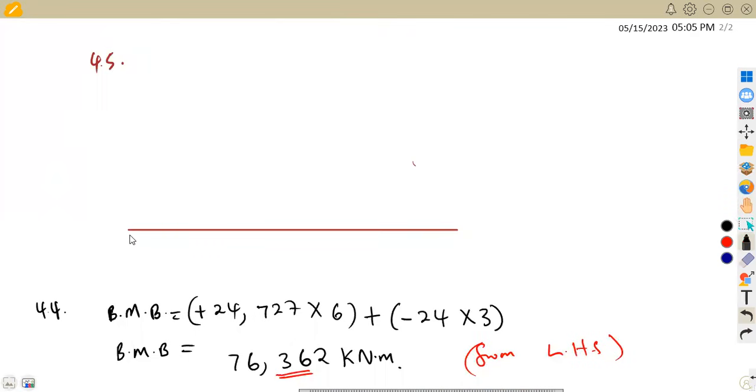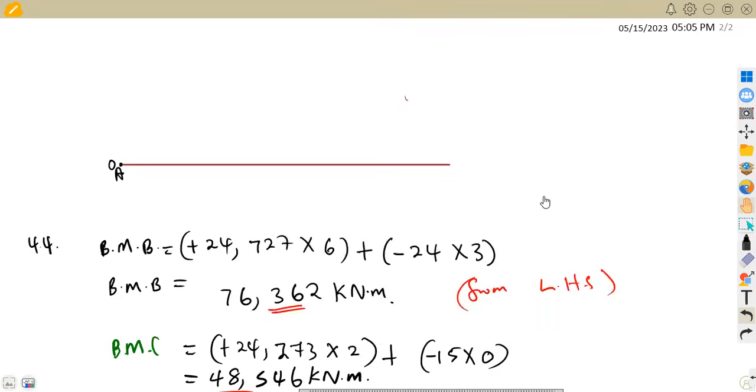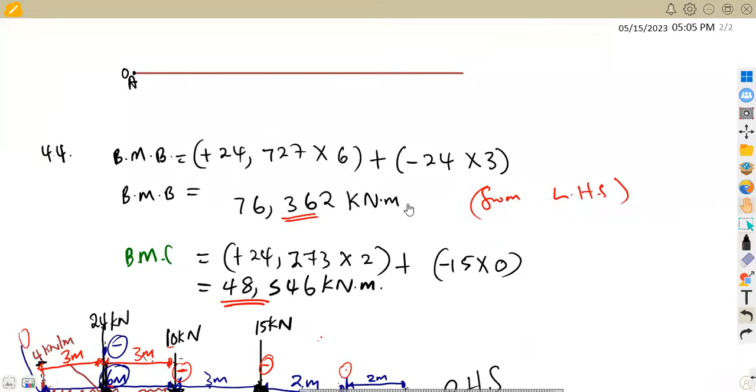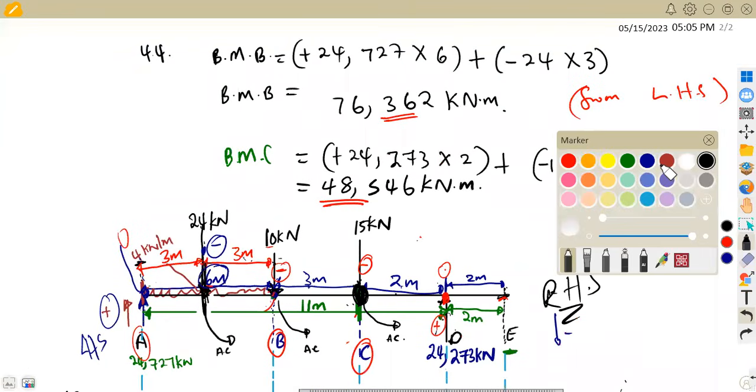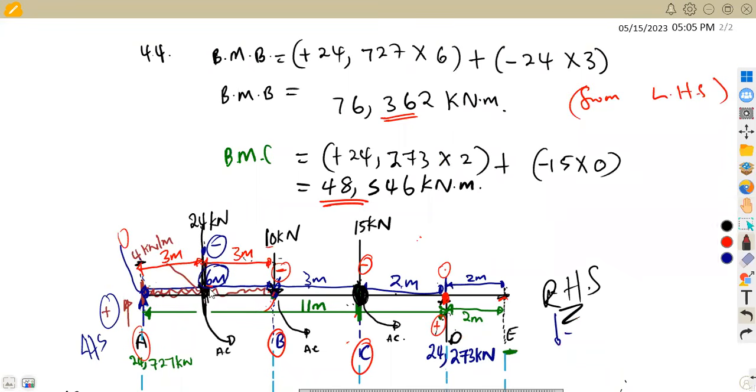Starting at 0, which is at A, so A is actually at 0. What do we have between A and B? Yes, we've got a bending moment at B, but between these points there is a distributed load that we are given, which is going to be presented in the form of a curve like this.